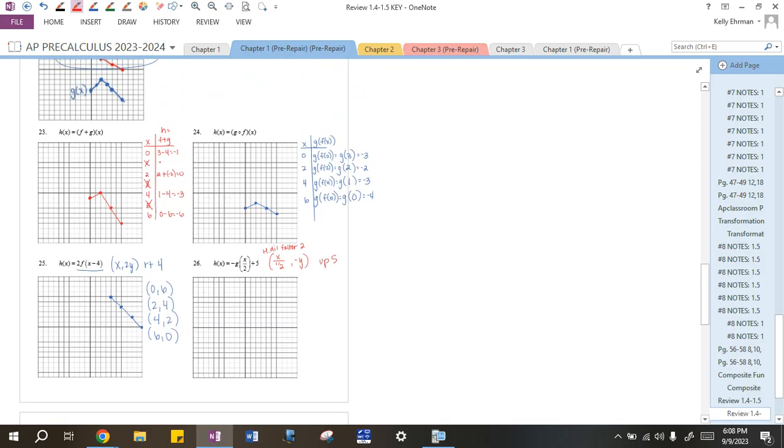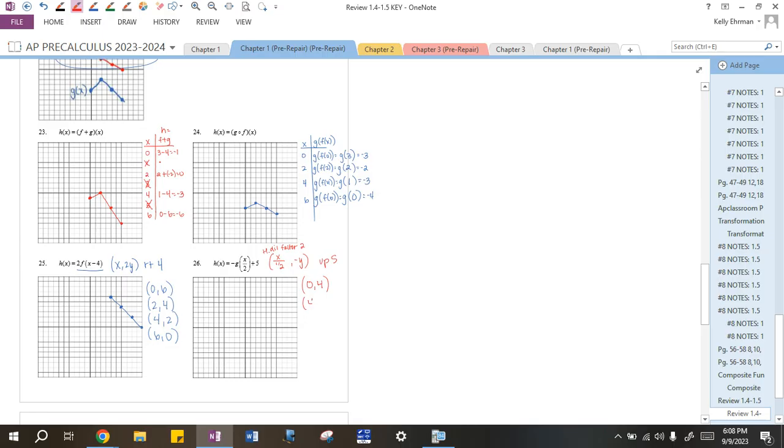All right, so for G, let me erase, there we go. For G on the original points here, we have 0, -4. So that's still going to be 0, but now it's going to be +4. We have 2, -2.